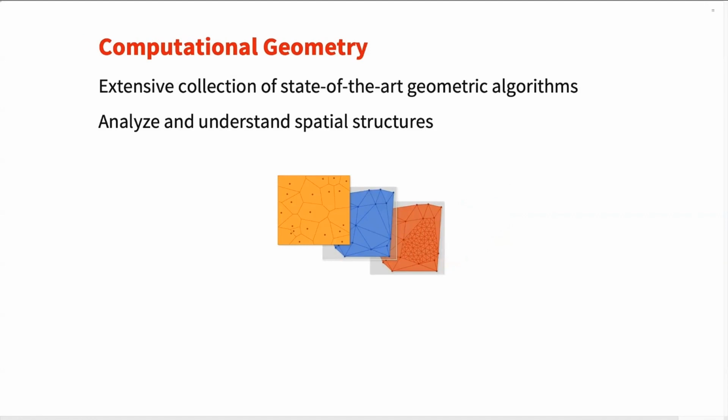Now, behind the scenes, Wolfram geometric computation is powered by an extensive collection of state-of-the-art geometric algorithms, including triangulations, convex hull, and data structures. You can directly type into it to build your work, to analyze, and to understand spatial structure in various areas.